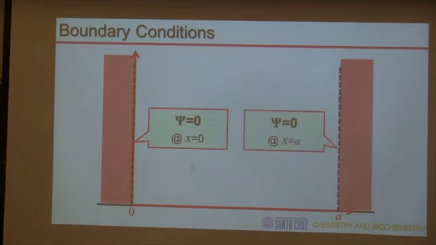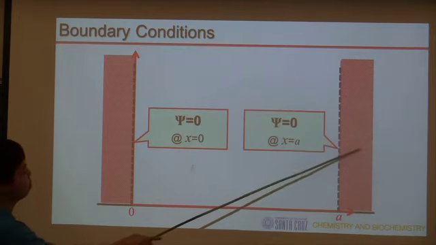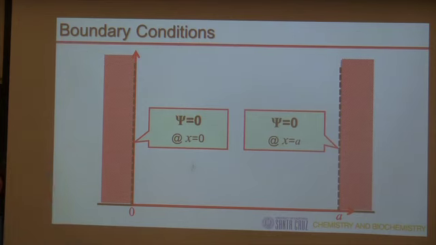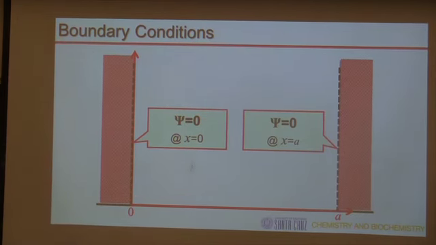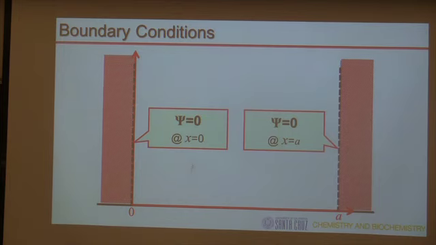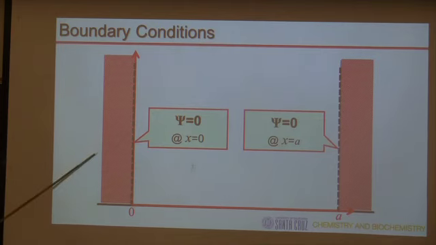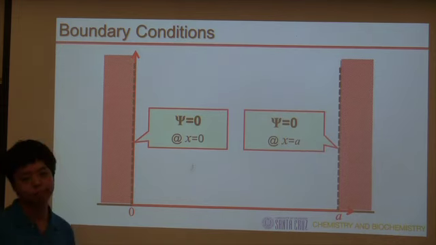Think about it: if you put a particle outside of the box, the potential energy of that particle is infinitely large, which does not make sense. How can your energy be infinitely large? It would be quite unstable. Since the particle cannot be free here, it simply means the probability of finding the particle within these two shaded regions is 0.